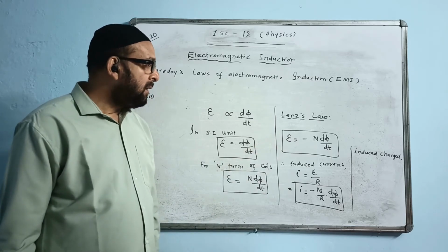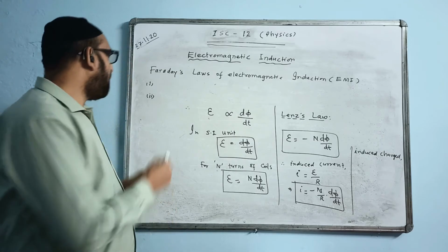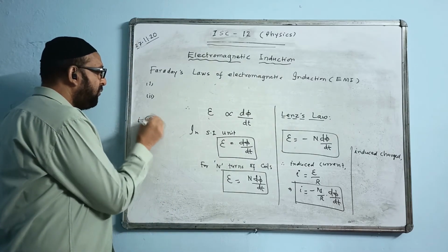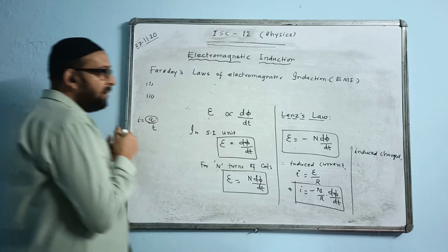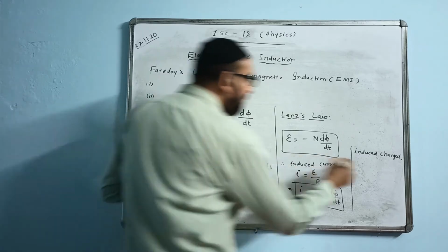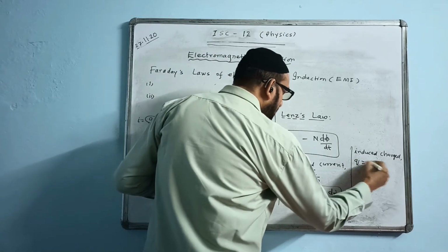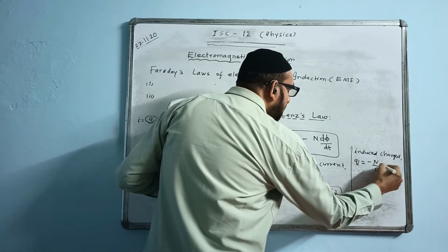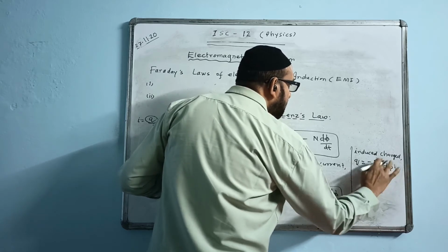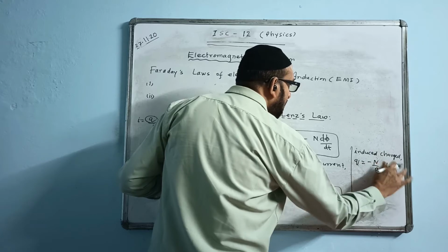For induced charge, we know the formula I is equal to charge upon time. Therefore Q will be equal to I into t. Let us multiply here: I into dt will become Q. There we get Q is equal to minus N by R into d phi, where d phi is just a change in flux.